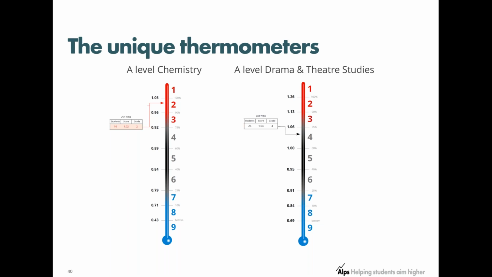Okay, so the chemistry department's looking nice, grade 2, top 10%, whereas the drama department on a higher score is looking okay, grade 4, top 40%. Okay, hope that makes sense.